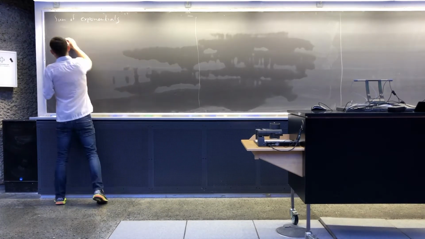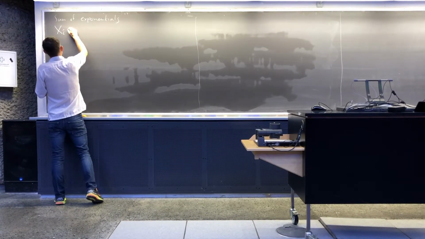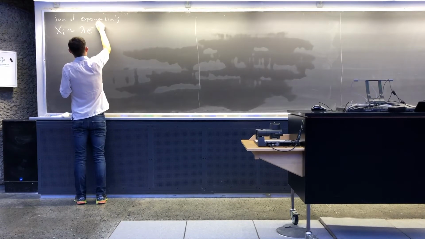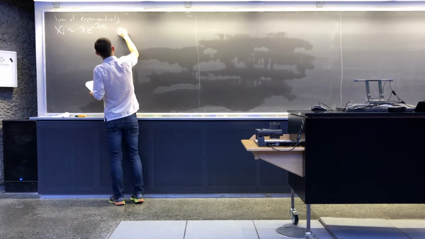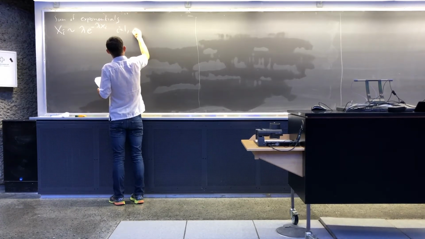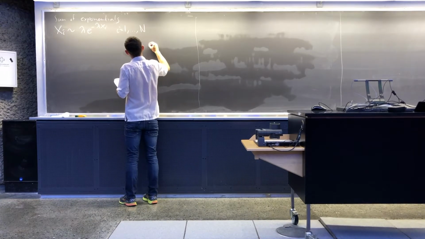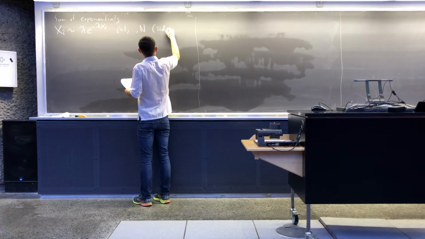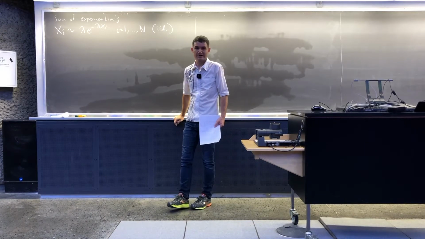So I have some random variables which I call xi, which are distributed according to lambda e to the power of minus lambda xi, where i goes from 1 to n, and then I write iid, meaning that these are identically and independently distributed.